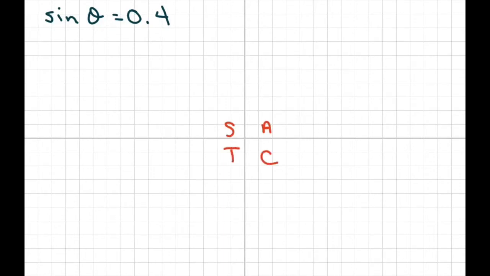That means that all the functions are positive in quadrant 1. Sine and cosecant are positive in quadrant 2. Tan and cotan are positive in quadrant 3. And cosine and secant are positive in quadrant 4. So that's what that means.